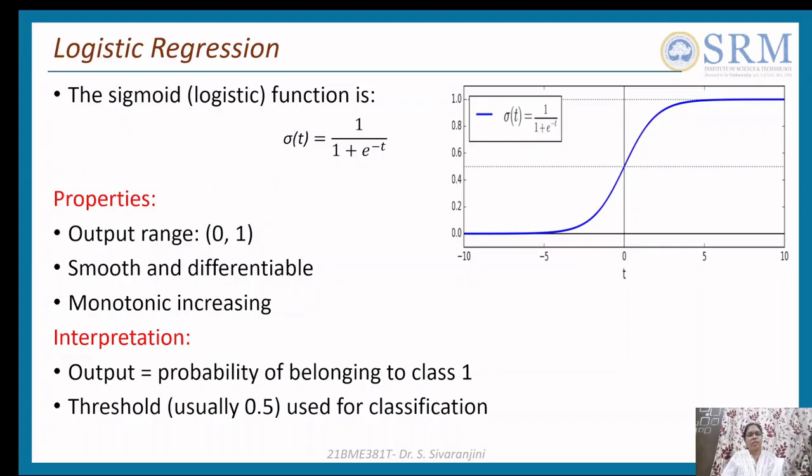So what are the properties of this sigmoidal function? The output range is from 0 to 1. It never actually reaches exactly 0 or 1, but only approaches them asymptotically. The next property is that it is smooth and differentiable, which is necessary for gradient based learning. What is this gradient based learning?